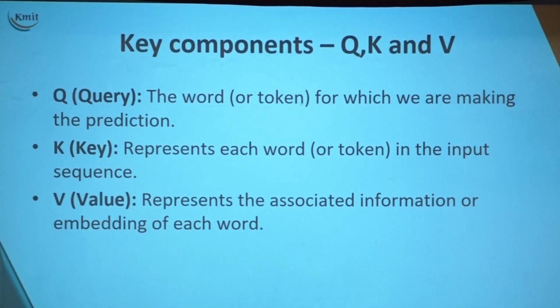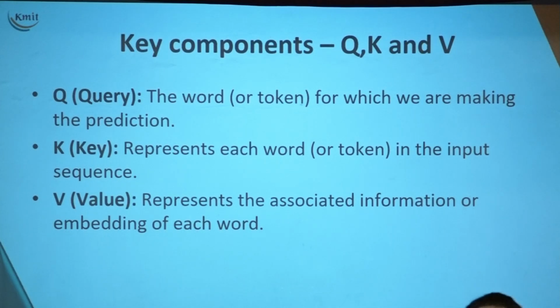You have got key components of attention which are very important, called Q, K, V. Very, very important concept again. Please pay attention. Q stands for query, K stands for key, V stands for value. Query is the word or a token for which we are making the prediction.